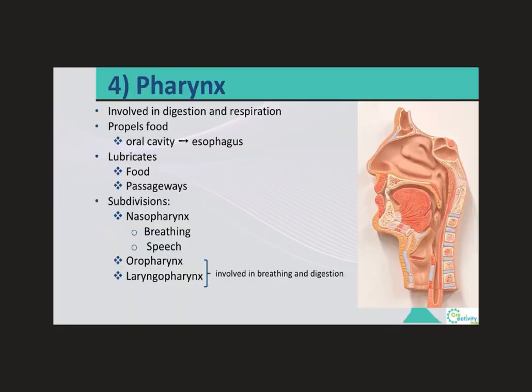The pharynx, which we already talked about when we were talking about the respiratory system, and we did mention back then that it is also involved in the digestive system. It's also part of the throat, or can be called the throat.